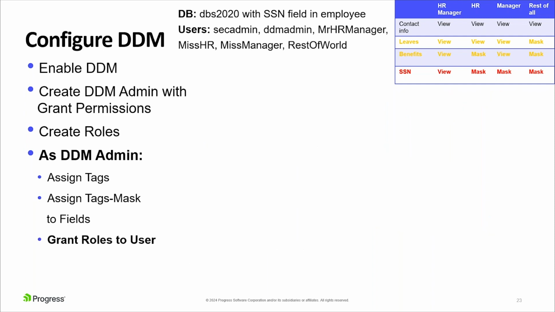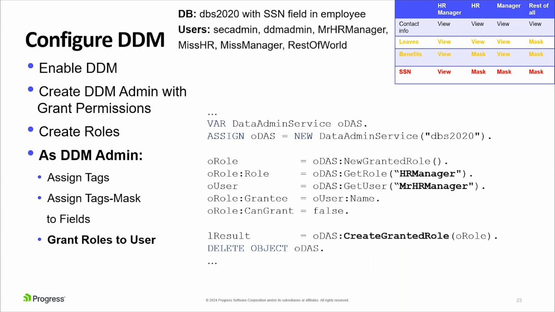Next, we need to grant those roles to the user. So in this code snippet, we are assigning the HR manager role to our user, Mr. HR manager. So you get role, which role? HR manager, and to which user? Mr. HR manager.